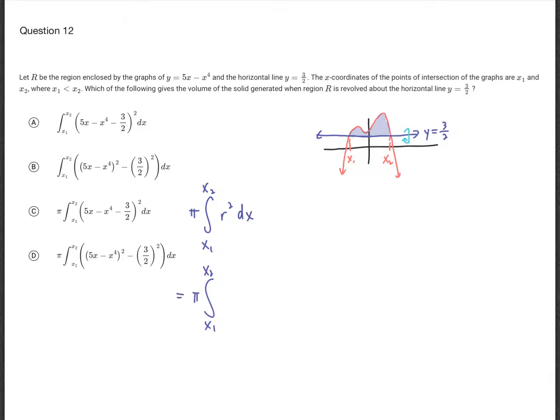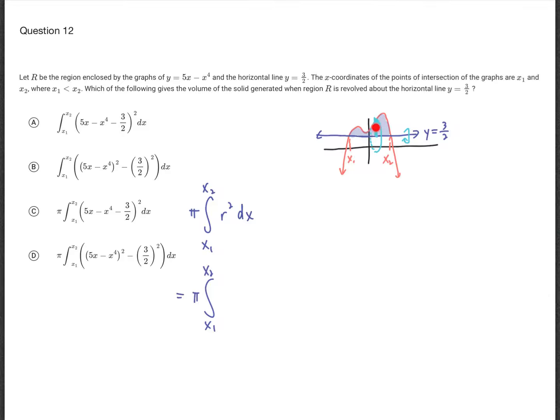Okay, so we just have to get r. Let's take that as a given r there, and so this would be the cross section here. This r is basically this red function, 5x minus x to the fourth. The distance from the function to the x-axis is the function itself. So we just have to subtract this little distance here, which is 3/2.